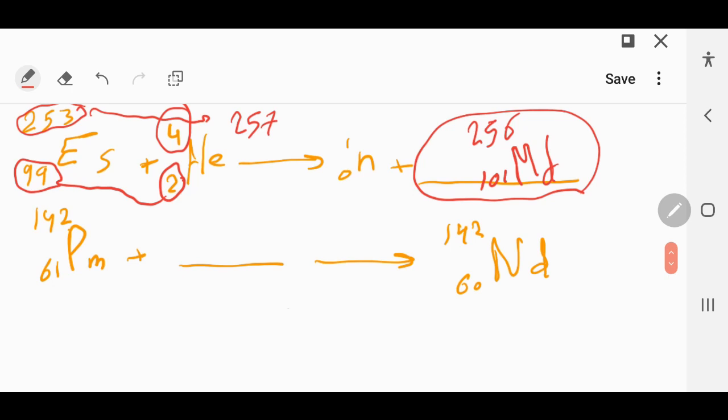Remember that it must be -1 in atomic number. So here we must have an electron, as we said before, electron capture.